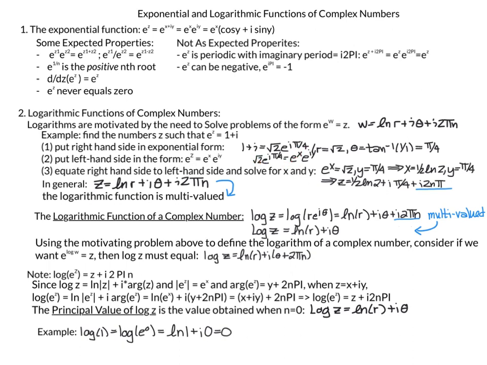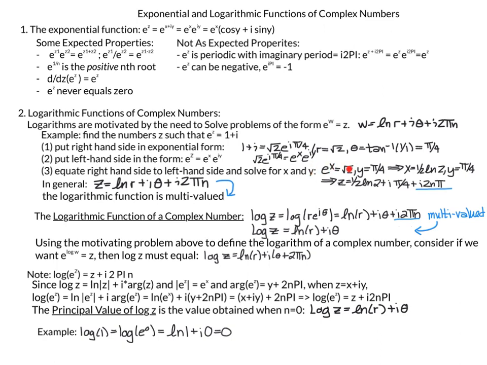So we equated these two together, and then we have e to the i theta is equal to e to the iy, which gives us y is equal to pi over 4. So our solution is z, and first we solved for x, taking the natural log of both sides. And now we can do this because x is a real number.